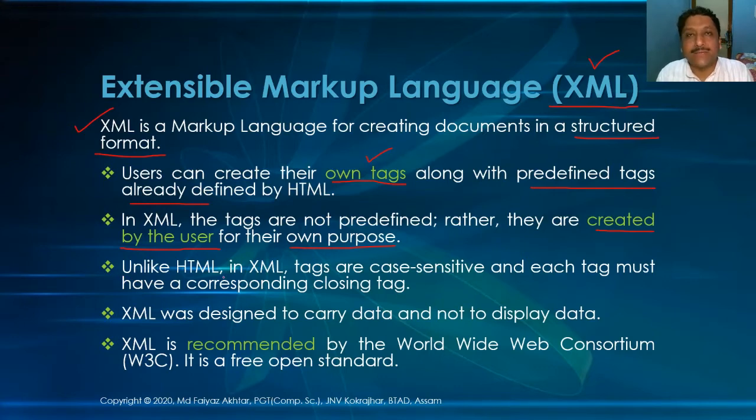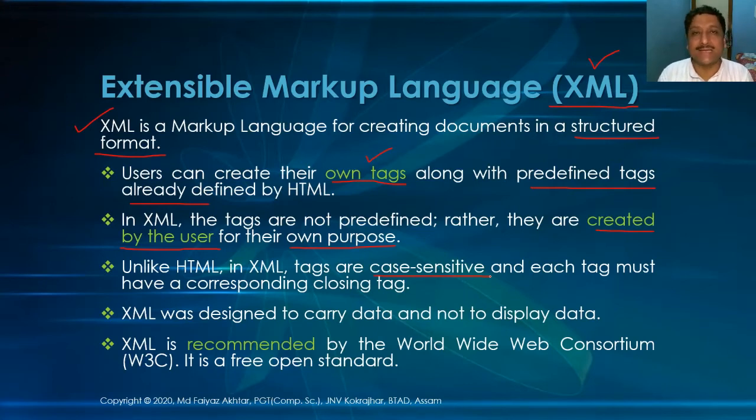Unlike HTML, in XML tags are case sensitive. In HTML you can write a small letter or capital letter, both are the same, but in XML it is case sensitive. If you are using capital letters, always you have to use capital letters. If you are using a small letter, always you have to use a small letter.